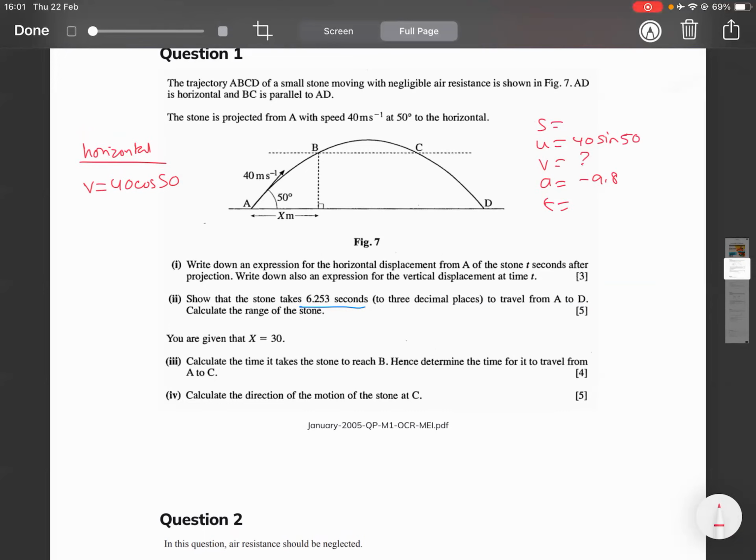And we had, was it 5.17? No, it's 5.08, I'm pretty sure. So 5.086. We have to work out the V at that time, which is at C. So the equation without S, V equals U plus AT, which is 40 sine 50 minus 5.086 times 9.8.